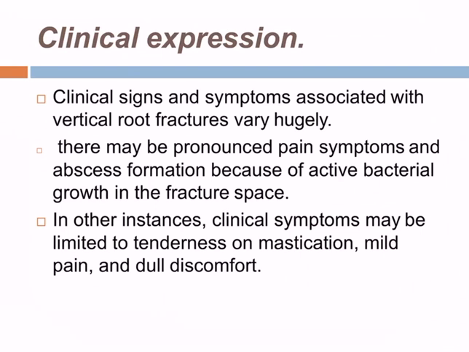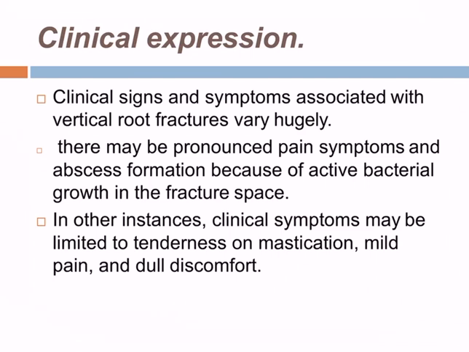So it varies. Some patients may feel a light tenderness on mastication, a dull discomfort, mild pain, and then you will think maybe it is a periodontal problem. If the patient says I have abscess formation and very pronounced pain, then you will think it is an endodontic problem, but it can be a simple vertical root fracture, neither an endodontic nor a periodontal problem.